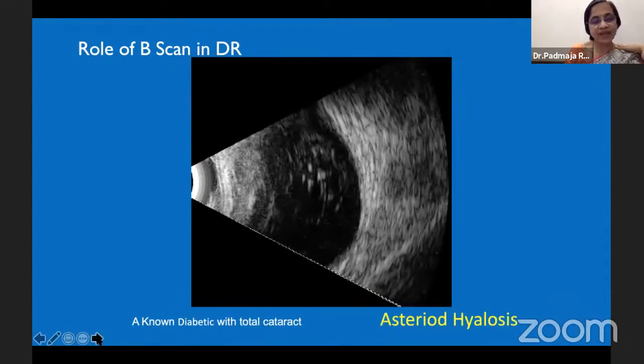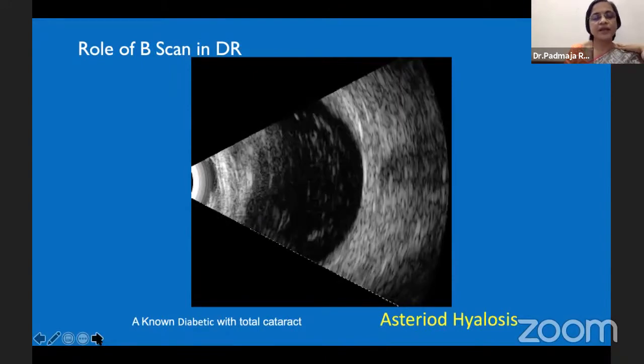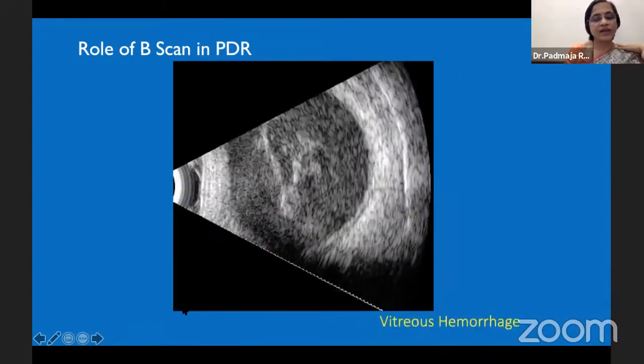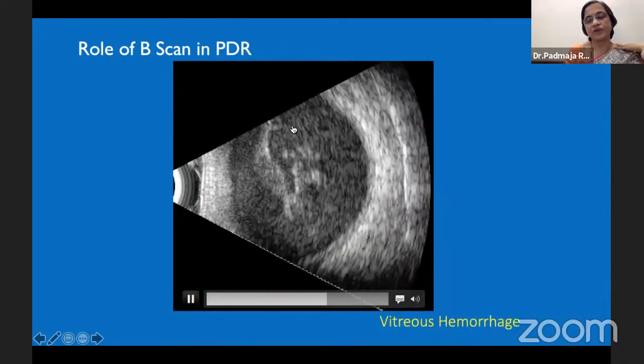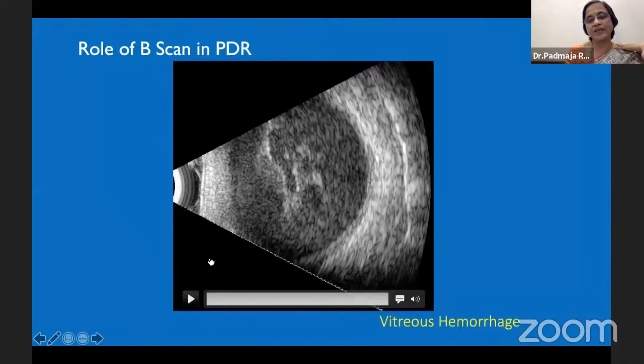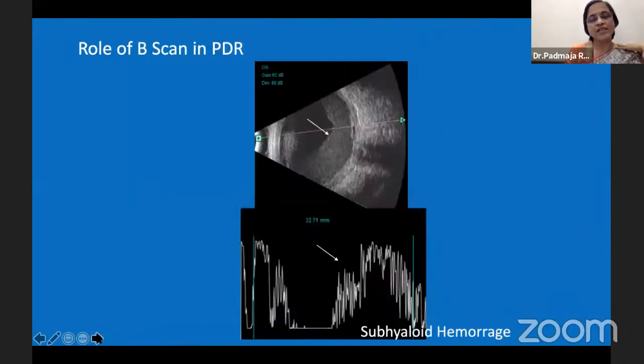And B scan will be extremely useful in documenting this. Similarly, in a case of vitreous hemorrhage, one can see that there is no echolucent space beneath, and you can see the membranous echoes. B scan is also extremely useful in telling whether it is only vitreous hemorrhage. As I said initially, the eye is like a garden, and the vitreous has a lot of tractional attachments.